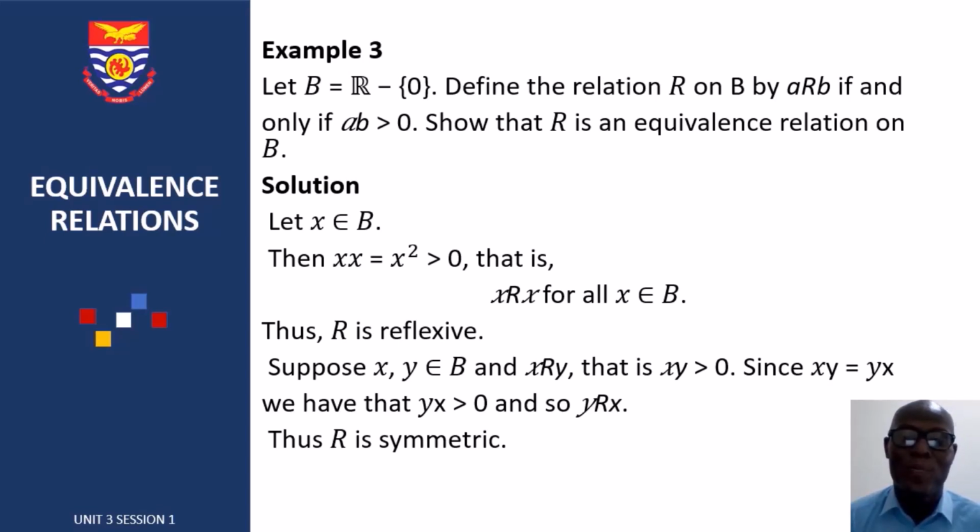And also, Y should be related to X. And if Y is relating to X, then it means we have Y R X is equal to YX. And since X relating to Y must be equal to Y relating to X, then we have XY is equal to YX. And YX is greater than 0. And we can conclude that the relation R is symmetric. We look at the transitive aspects in the next slide.